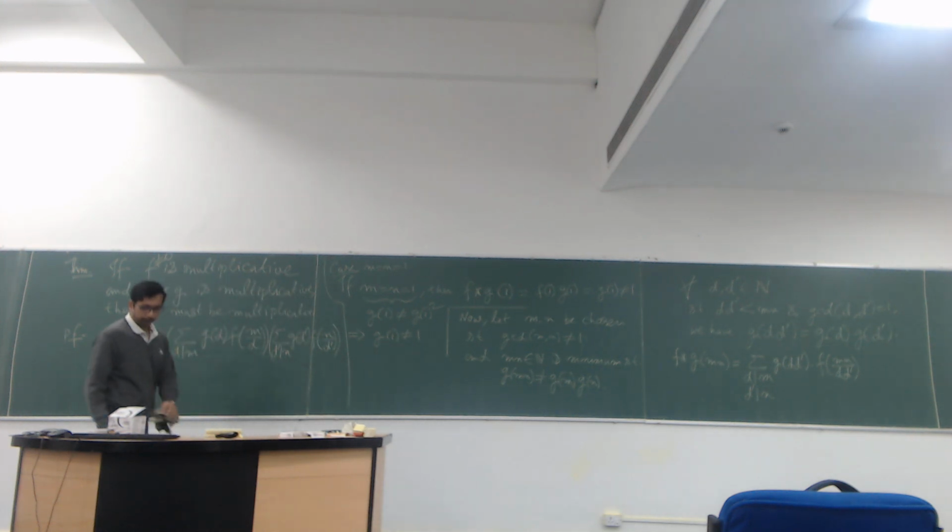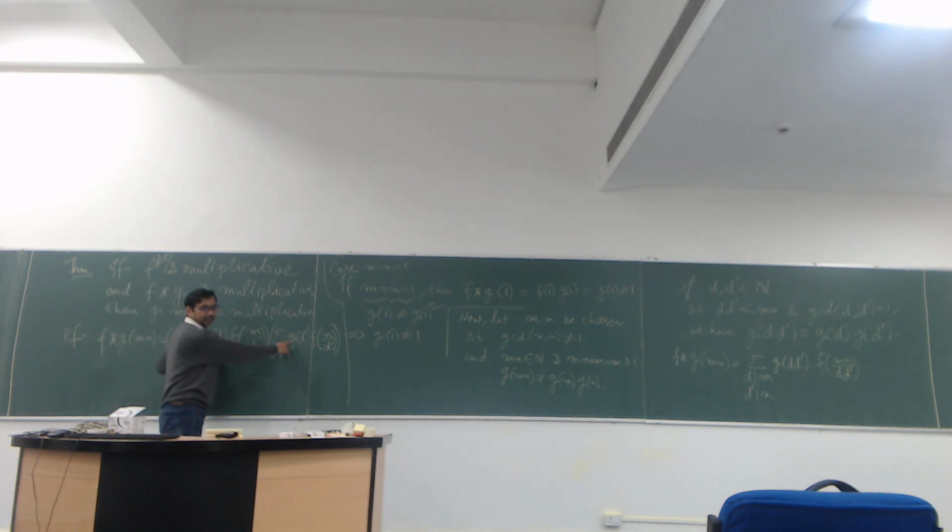And here we have also split the thing where this is G of M and this is G of N. That should not be allowed, right?